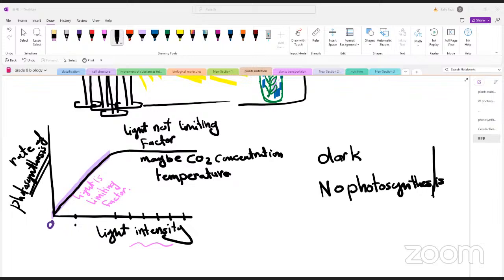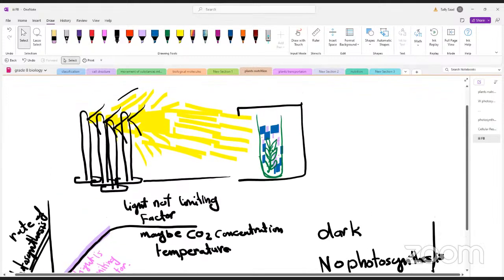Okay, do you understand this part? So limiting factor means the factor which limits the process. The process cannot increase without increasing that factor. So when there was no light, there was no photosynthesis.